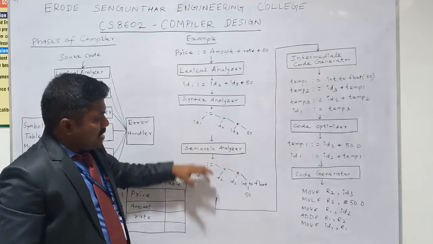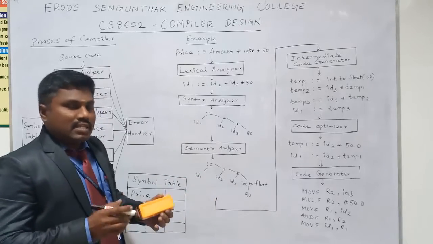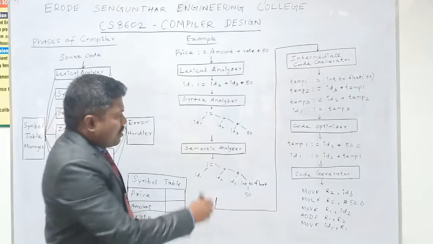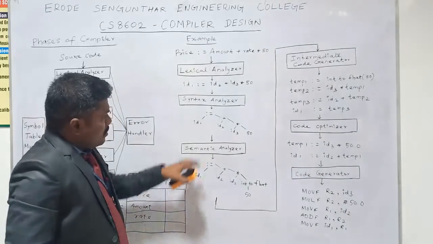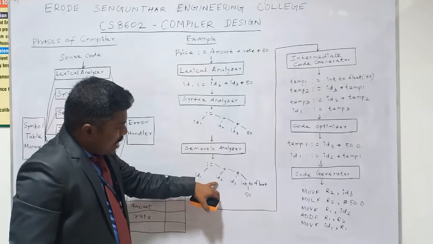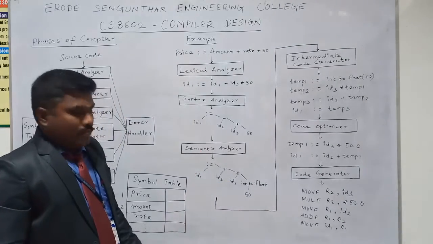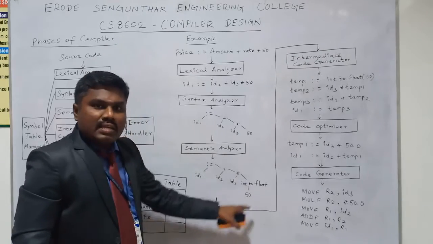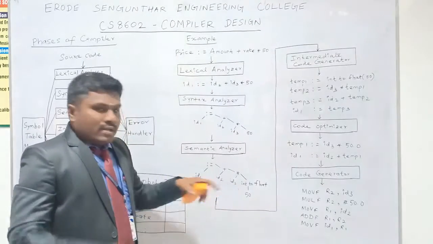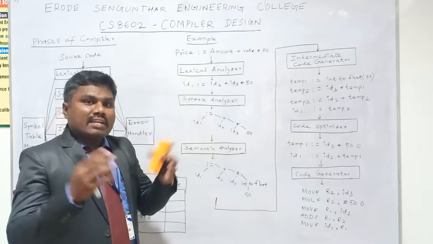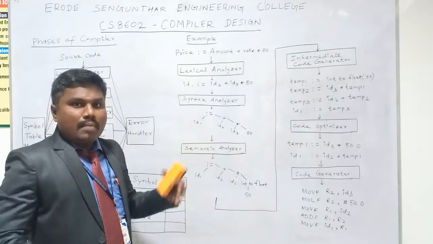Semantic analyzer checks the type. Here, what is type? For example, this ID1, ID2, ID3 have real type. This 50 is an integer value. Now, in what way can we give the exact value in computer system?